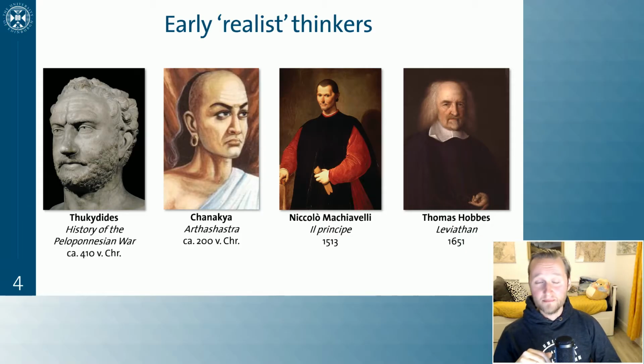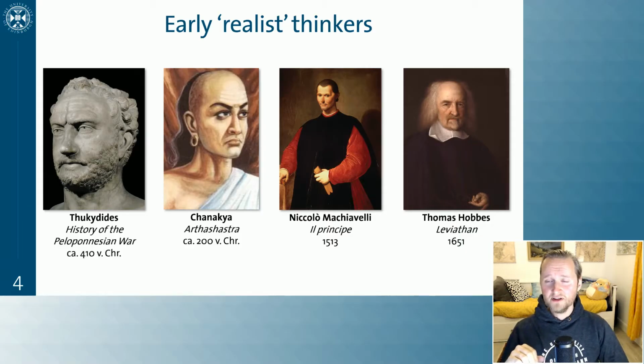You have, of course, Niccolo Machiavelli, who you're probably all familiar with, because he is basically synonymous with the type of cynical, power-grabbing, power-hungry, I'll do anything kind of politics.